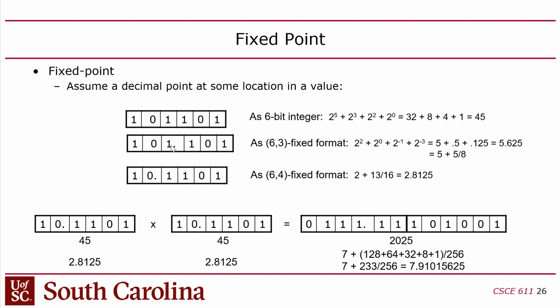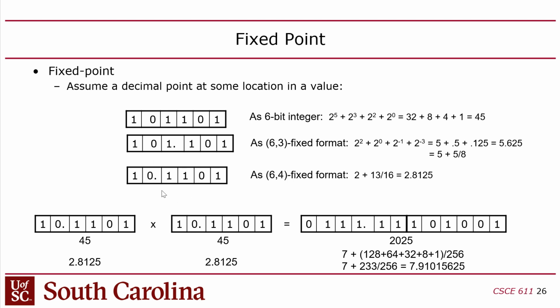So the non-fractional part is 101, which is 5, so it's 5 point, and then the 0.101 in binary means that the fractional part is also 5, but it's over 2 to the third power or 8. So this is 5/8, and it's 5/8 because there's 3 fractional bits. So the value in here is 5 and 5/8, which is 5.625.